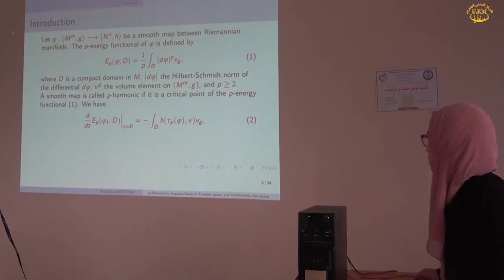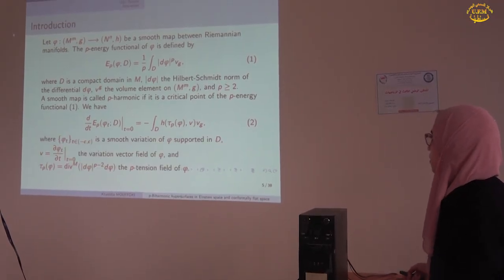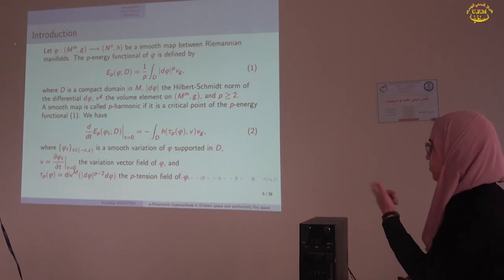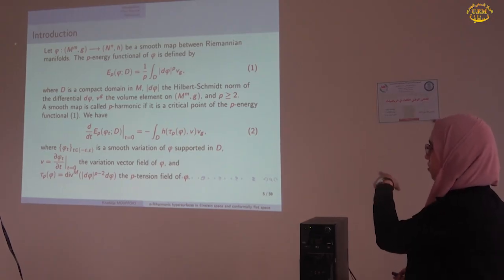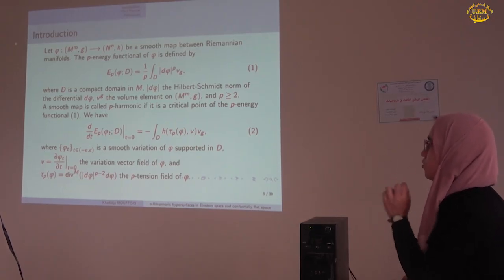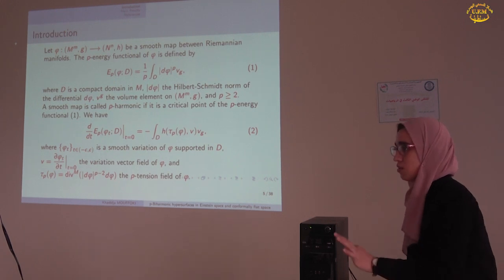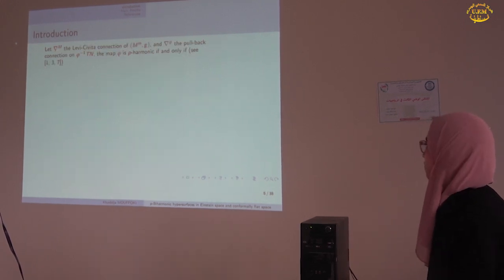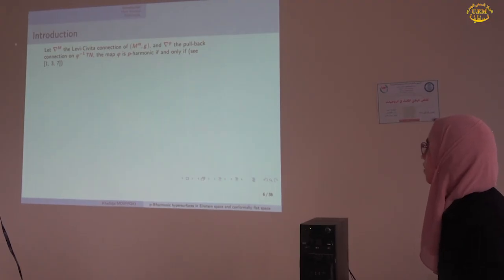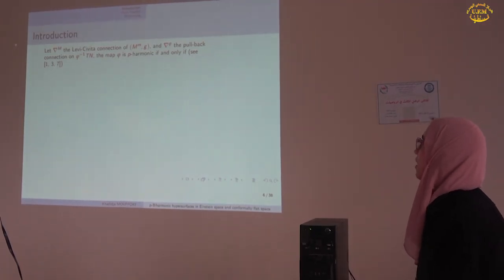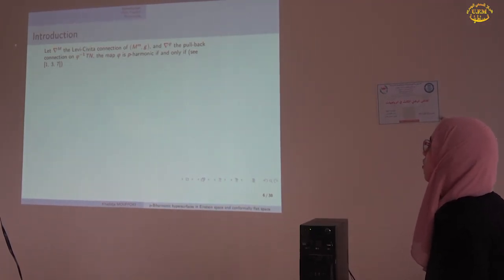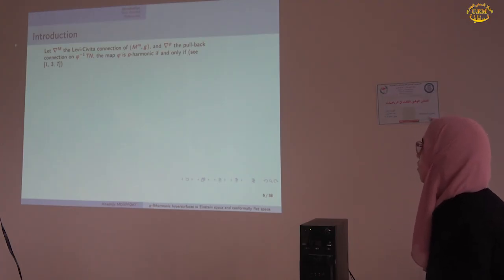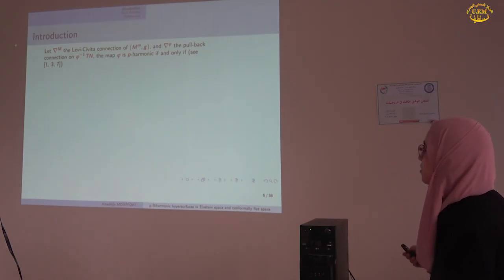We have here the P-tension field. Let ∇^M be the Levi-Civita connection of M, and ∇^φ the pullback connection on φ^{-1}TN.